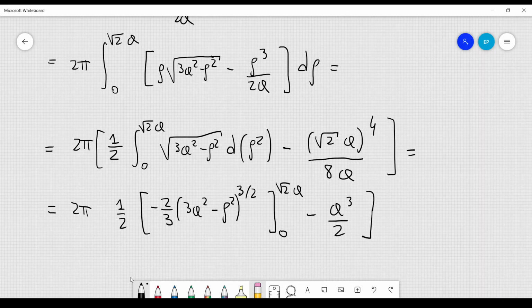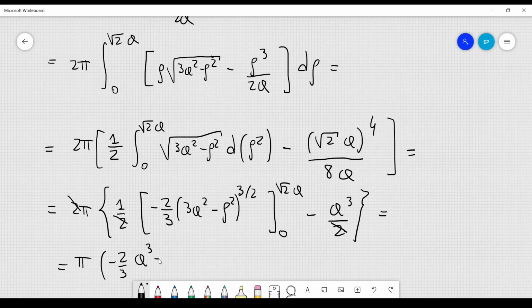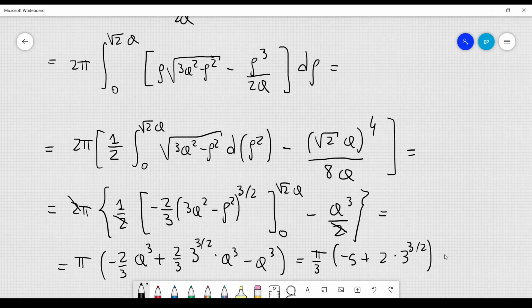I can also use curly brackets here if I want to be precise, but it's not really important. And this is equal to, so I can cancel these factors of 2 here, and then I get pi times minus 2/3 a cubed plus 2/3 times 3 to the 3/2 times a cubed minus a cubed, and this is equal to pi over 3 times minus 5 plus 2 times 3 to the 3/2, times a cubed.